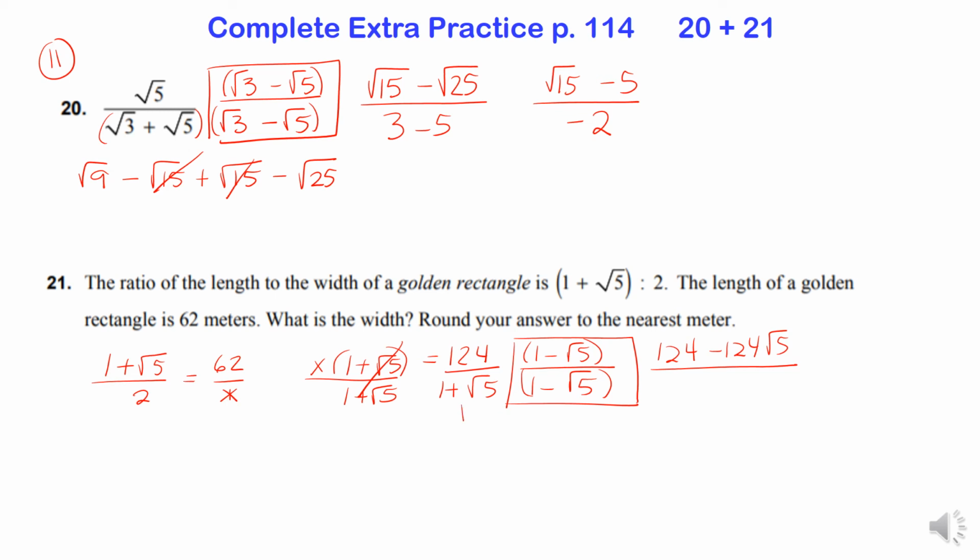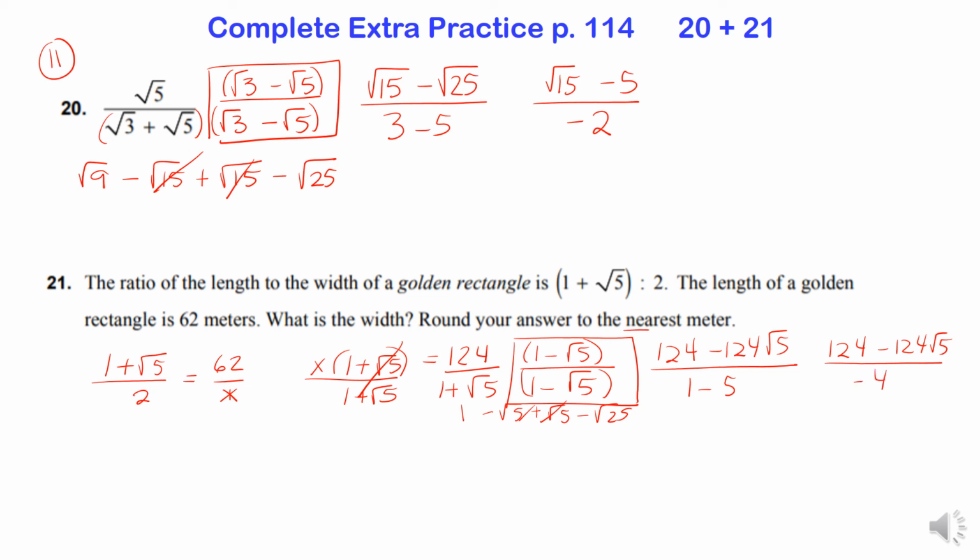So this will be 1 times 1, then 1 minus square root of 5 plus square root of 5 minus square root of 25. So we'll cancel those. We get 1 minus 5. Okay? So now what I'm going to do is I get 124 minus 124 square root of 5 over -4.